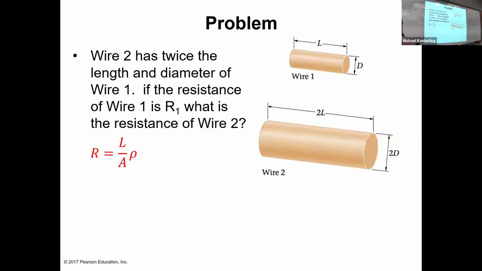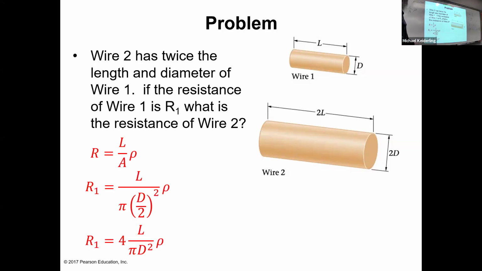So here, resistance is length over area times the resistivity. Both of these wires have the same resistivity. So resistance 1 is length over pi times the radius, diameter over 2, squared, times resistivity. So resistance 1 is going to be 4 length over pi d squared times resistivity.